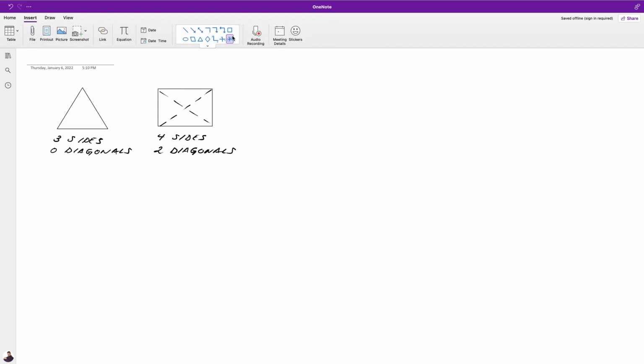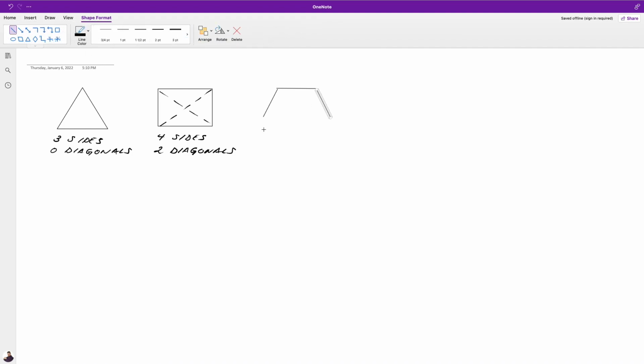All right, now if we have 5 sides, this is a pentagon, so let's do our best to sketch that. It doesn't have to be regular. Again, it can be any pentagon here.